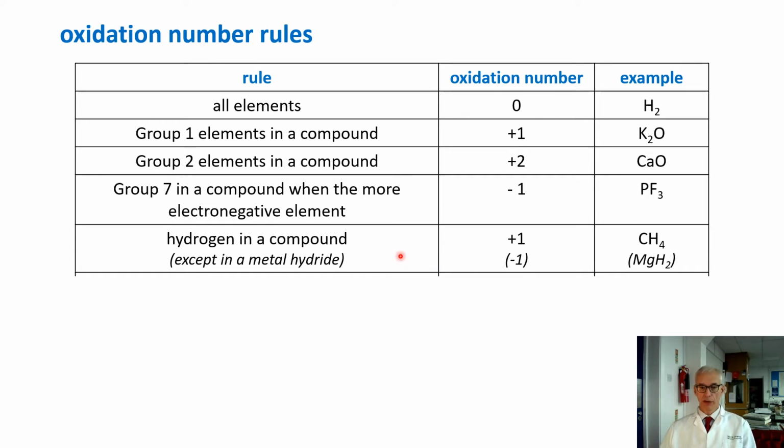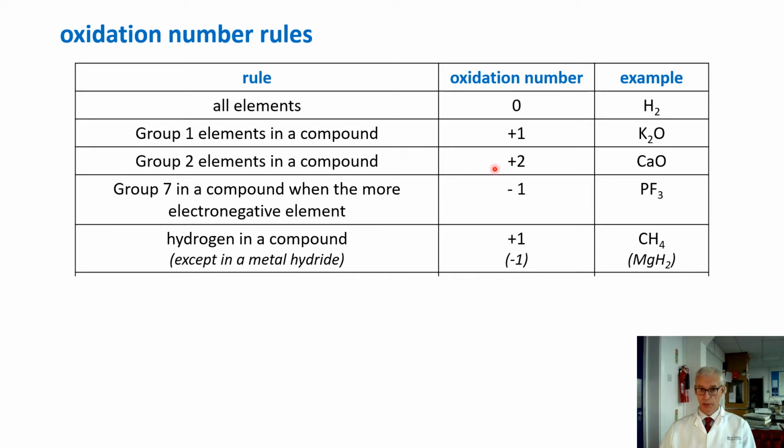Hydrogen in a compound is always +1. For instance, in methane, CH4, each hydrogen has the oxidation number of +1. However, there is an exception to this. When hydrogen is in combination with a metal from group 1 or group 2, these are higher up in the rule hierarchy, so we can't break group 1 always being +1, that has to always be the case.